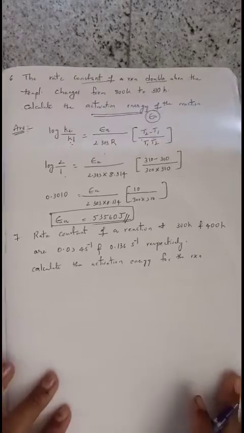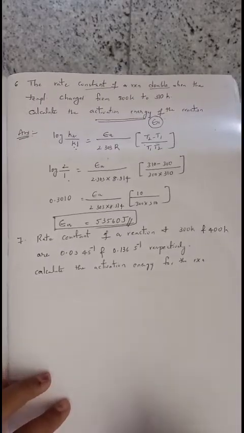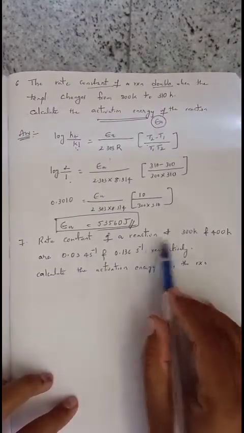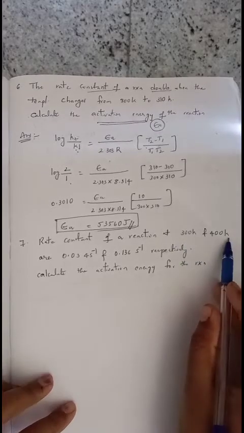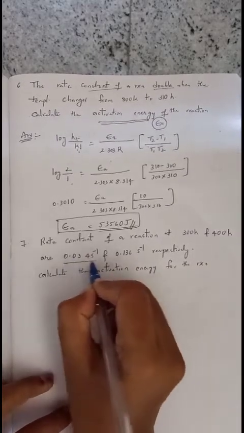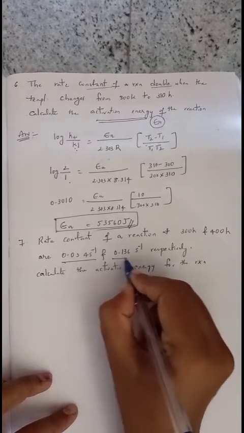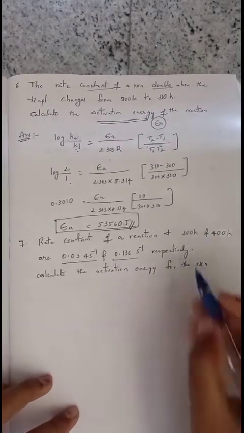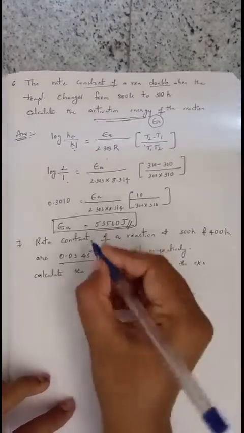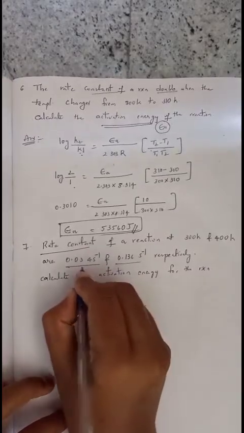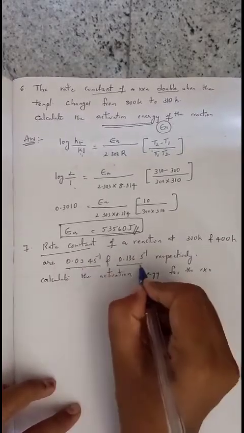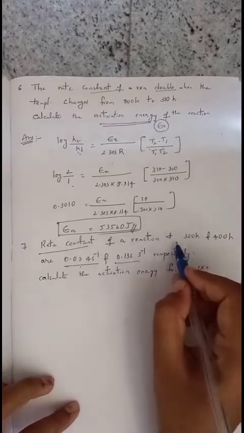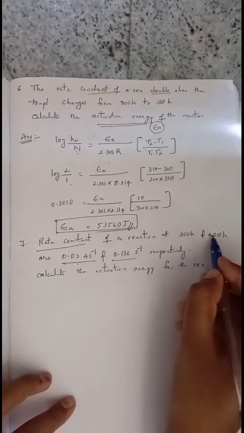Now we will see one more problem which is similar to the above one. The rate constants of a reaction at 300 kelvins and 400 kelvins are given as 0.034 and 0.136 second inverse respectively. This is the first rate constant K1 and this is K2, at temperatures 300 kelvins and 400 kelvins.